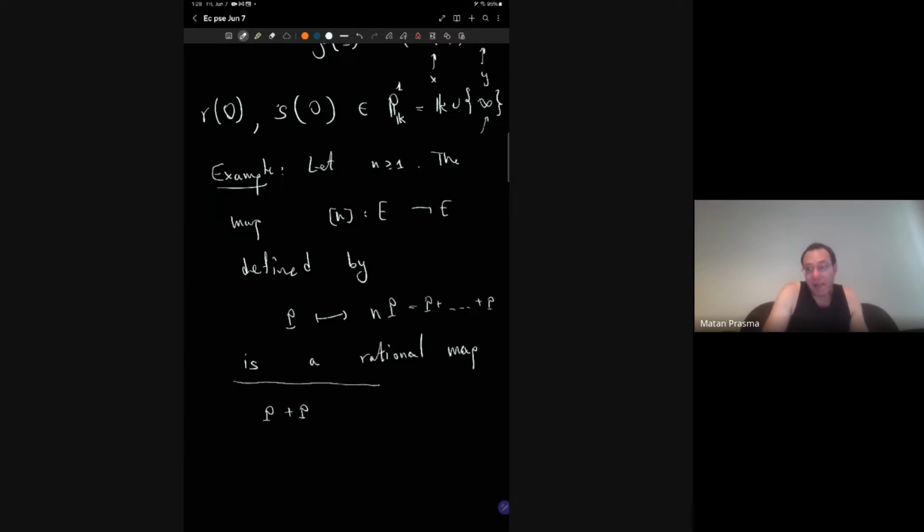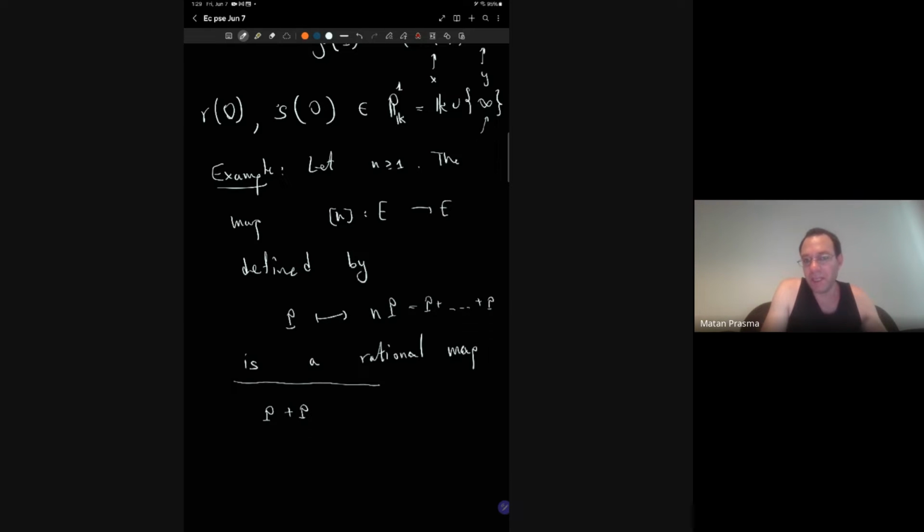Adding it to itself requires solving some equations. I draw the line and I intersect the line with the curve, and then I negate the y coordinate. But I will not write the formula, although you can find it in the notes and in other places.